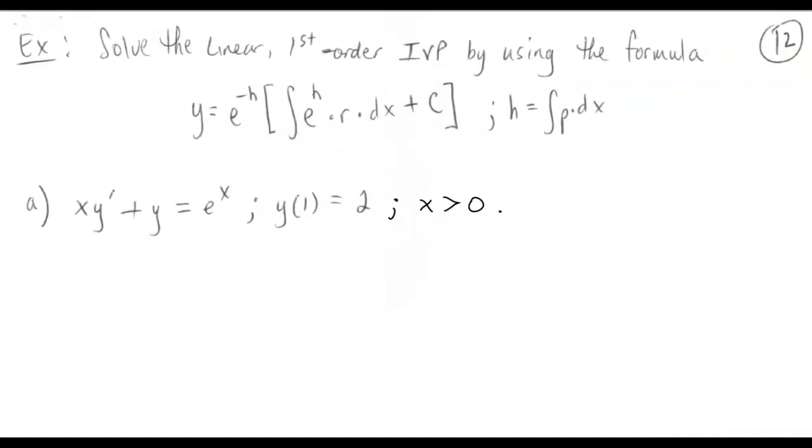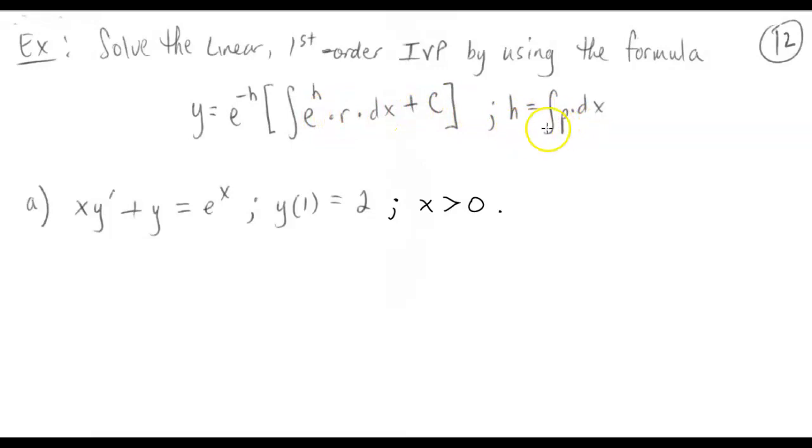Okay, so the next 4 and final 4 examples I'm going to do will be examples where I'm actually going to use this formula here to solve first order linear ODEs. So we're not going to go through that whole process of the 2 differential equations and solving that. We're just going to go straight for the jugular here. Use H, of course, identify what P and R are going to be.